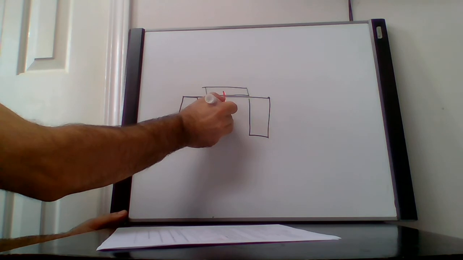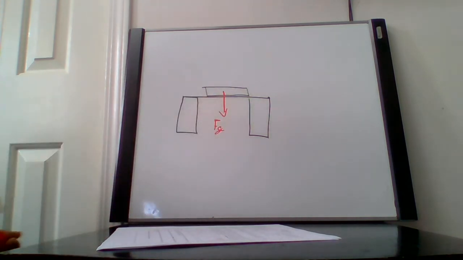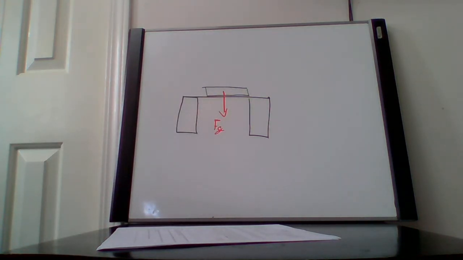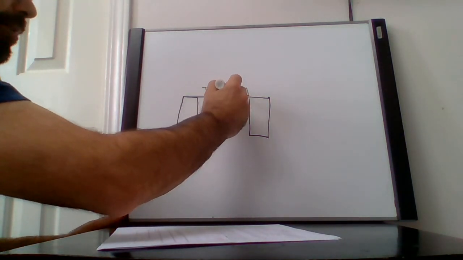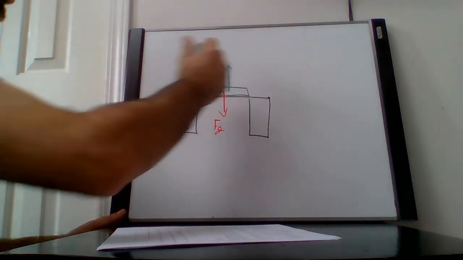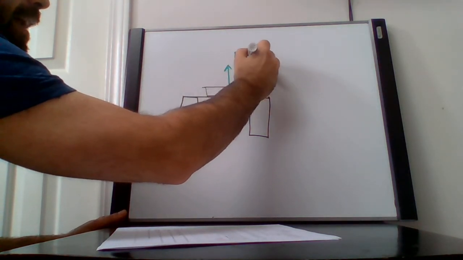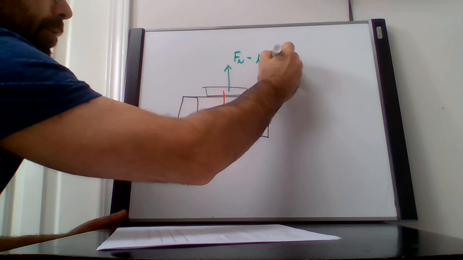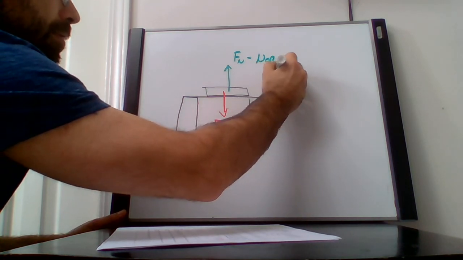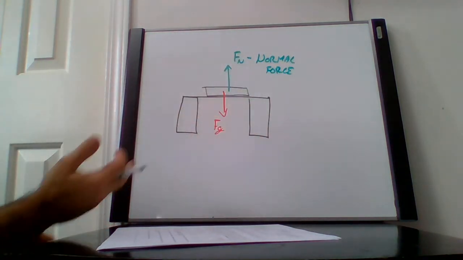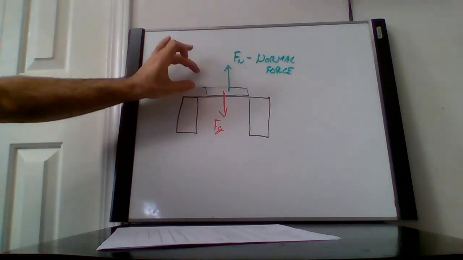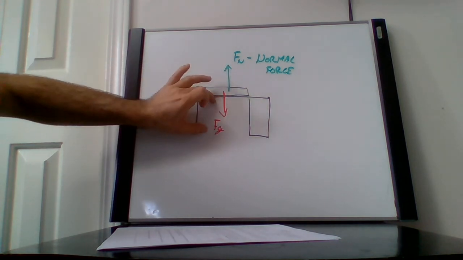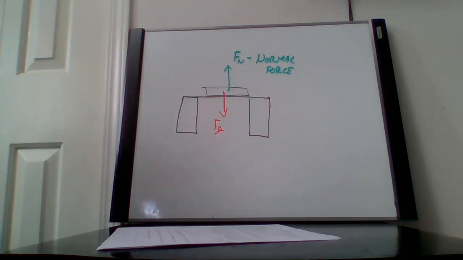But at the same time, this object's not moving because it's sitting on the table, and the table is exerting what is known as the Fn, or the normal force. Okay, the force of gravity is pulling this book down, the table is pushing it back up. They stay at the same value, it's not actually moving. So we've got the force of gravity pulling it down, and we have the normal force holding it in place.